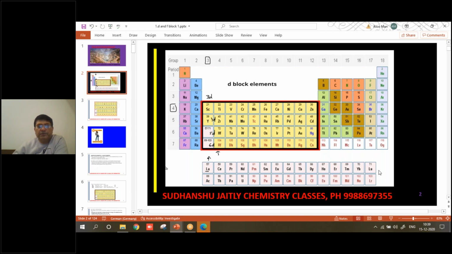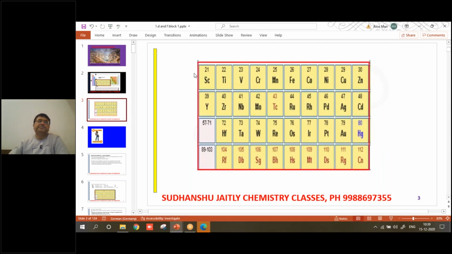This involves the filling of the 4f subshell. Again, actinium, we call it actinide, but actinium follows in the D block. After that comes the 5f series, the actinides. So one by one, let's focus on the D block and then the F block.